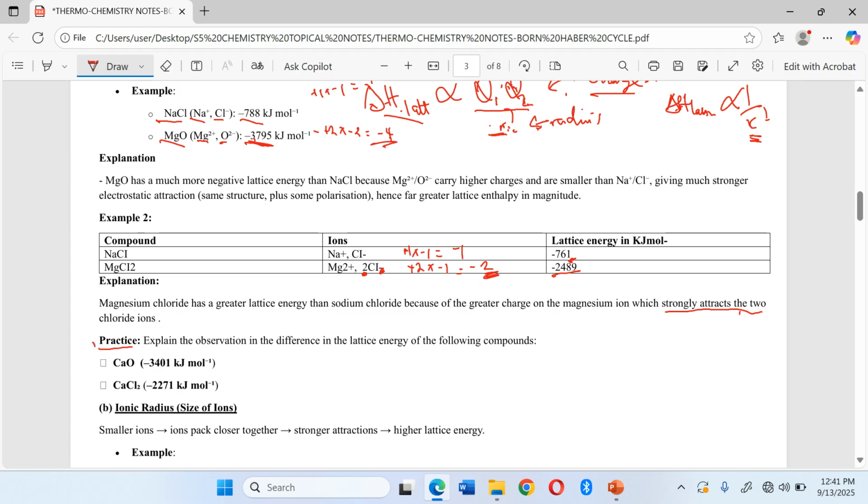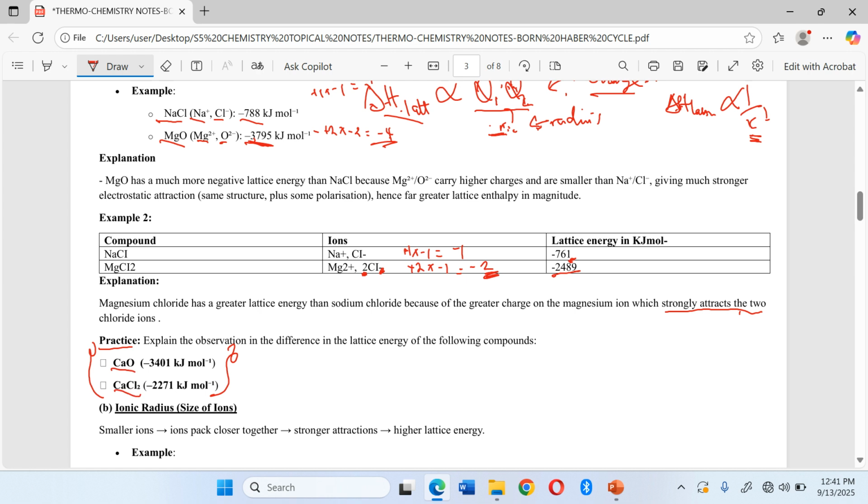Then we have this practice item. Please practice it and put your response in the comment section. It says, explain the difference in the lattice energy of the following compounds. We have two compounds: calcium oxide and calcium chloride.